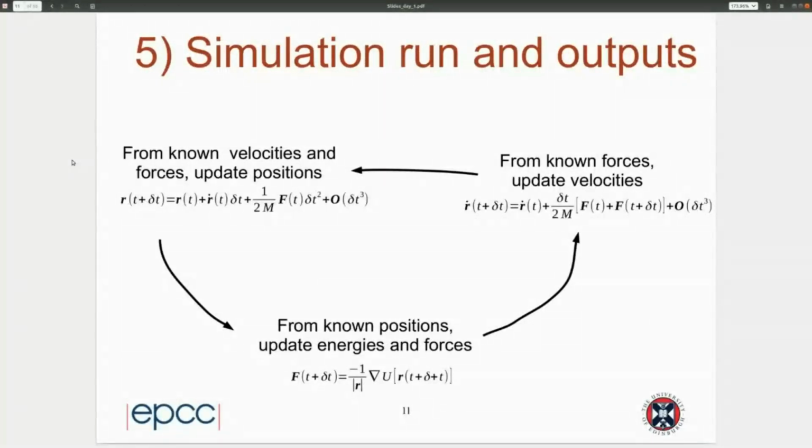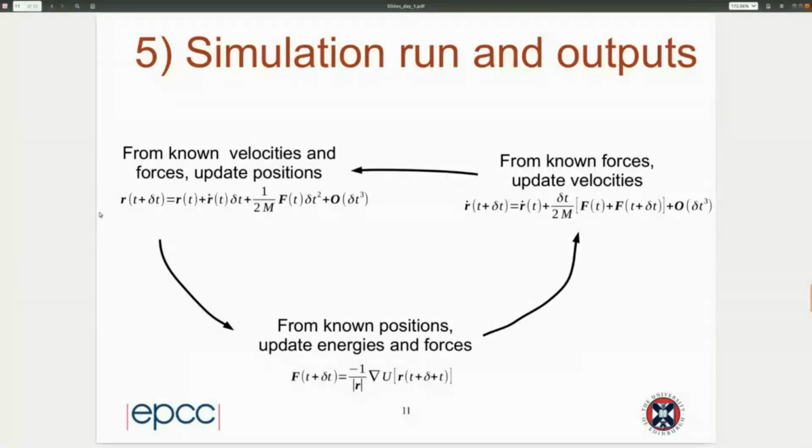The way this method works is you start your system with known velocities and known forces. From those, you update your particle positions. From those new positions, you update your energies and your forces, and from those new forces, you update the velocity. It's exactly what I said before, just shown again here with equations.